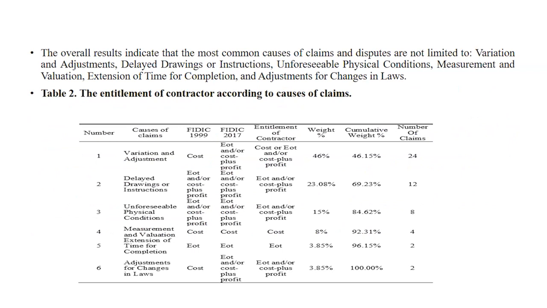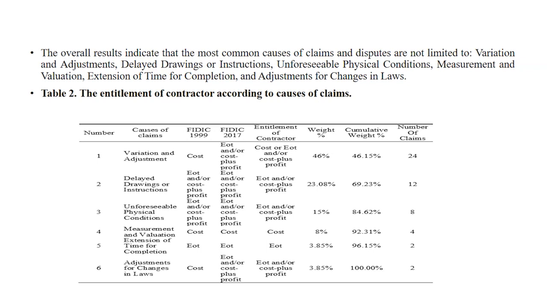Causes of claims. Number 1, variation and adjustment, which is very important and affects construction projects. Number 2, delays in drawings or instructions. Number 3, unforeseeable physical conditions. Then measurement and evaluation, and extension of time for completion.